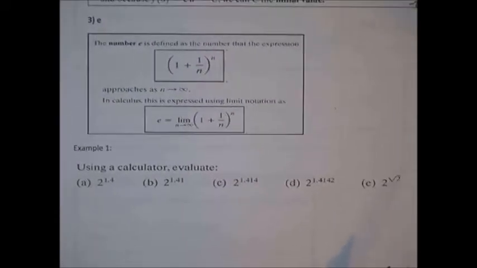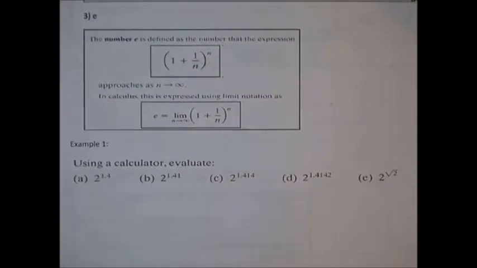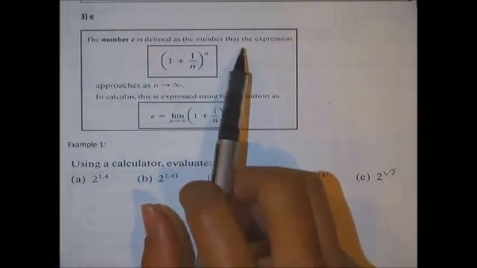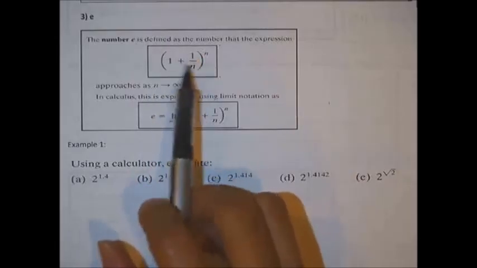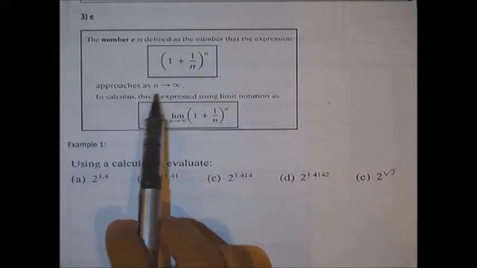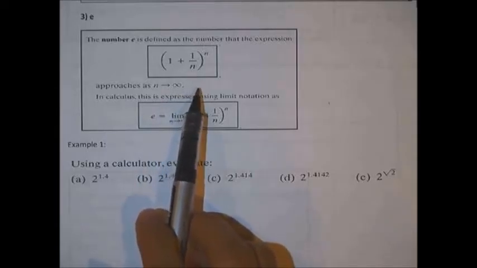Alright, e, an awesome looking number, right? The number e is defined as the expression 1 plus 1 over n to the nth power, as n approaches a really large number, infinity.